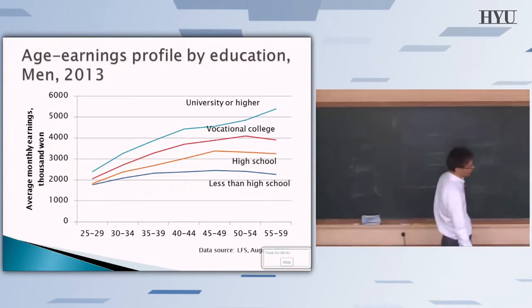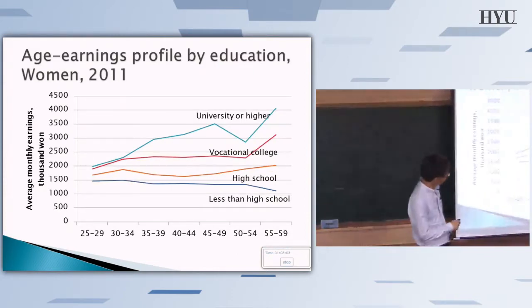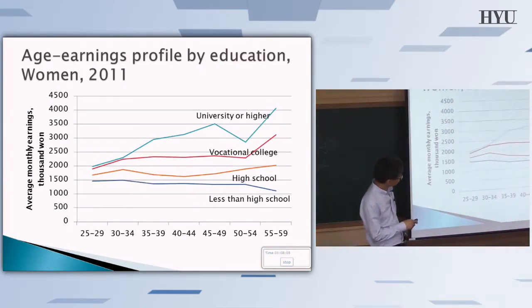That's for men. How about women? For women, this is the actual line. The first thing you can see, compared to men, is that it's very flat. That means human capital investment after finishing school is much less for women than for men.